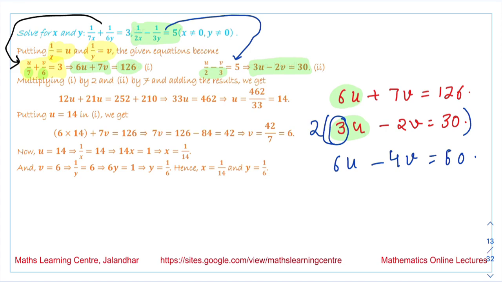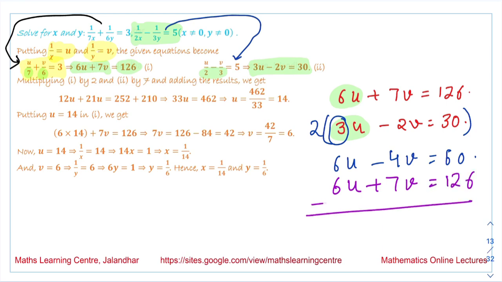Now the second equation that we already have is 6u plus 7v is equal to 126. We subtract both these equations and what we are left with is minus 11v is equal to 60 minus 126. So the value of v you will get is equal to 6.